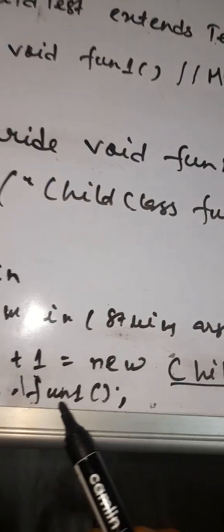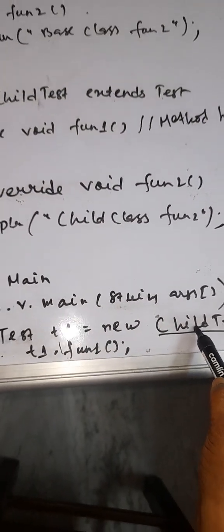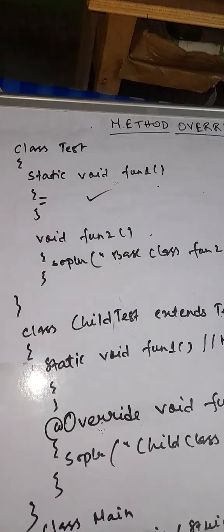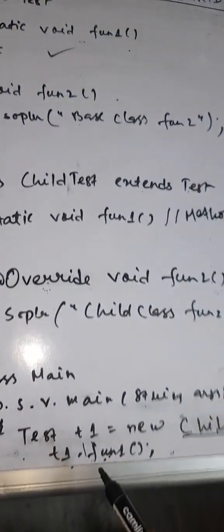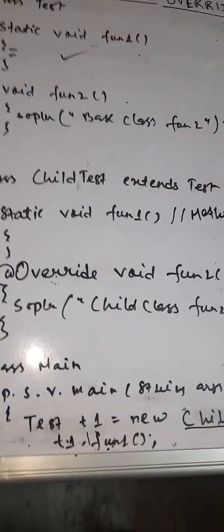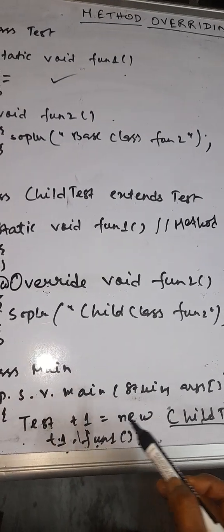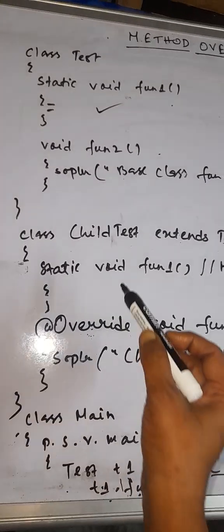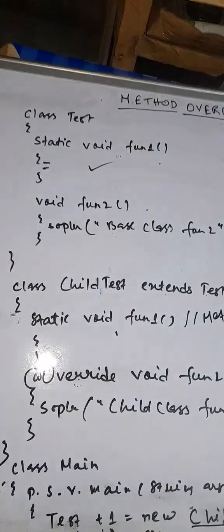So here Test t1 is referred to the object of the child class, but if you call t1.fun1, it already checks that fun1 is a static method. Yes, this one is a static method. So t1.fun1 is basically Test.fun1. Even though I declared this as an object of the child class, this will not call the child class function. This will call the Test class function. Why?